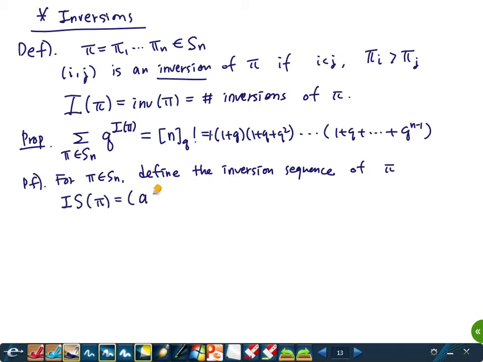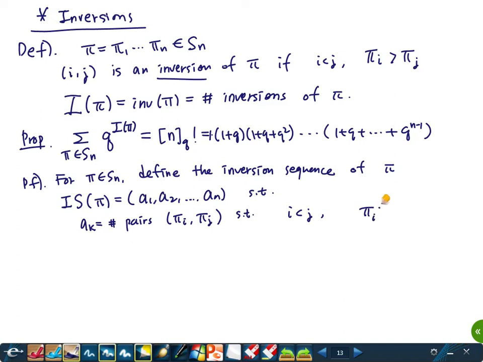It's a sequence A1, A2 dot dot dot An such that Ak is equal to the number of pairs pi i, pi j such that they form an inversion, i less than j, pi i greater than pi j. That means i, j is an inversion, but rather than i, j, I'm going to focus on this. And pi j equals k.